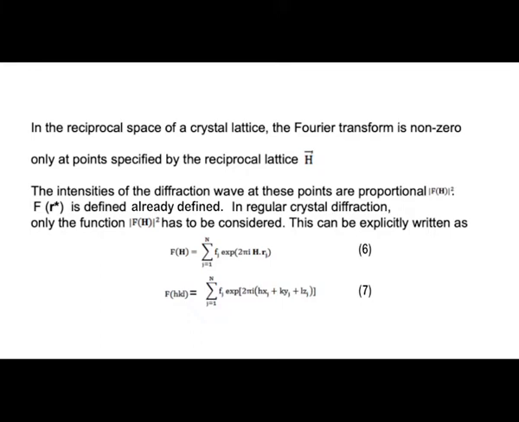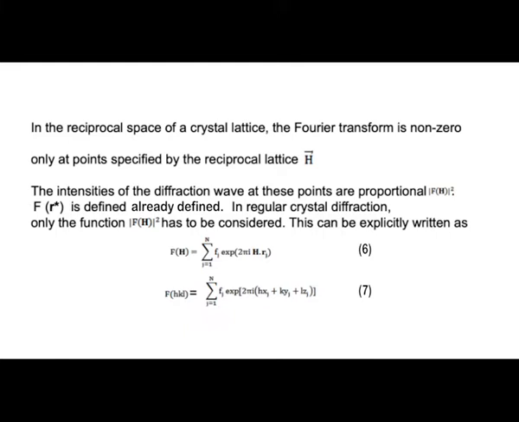Because of this nature, in equations 6 and 7, F_h on the left hand side is a complex quantity. Any complex quantity has an amplitude and a phase. That is what we mean: the measured intensity is proportional to mod F_h squared.